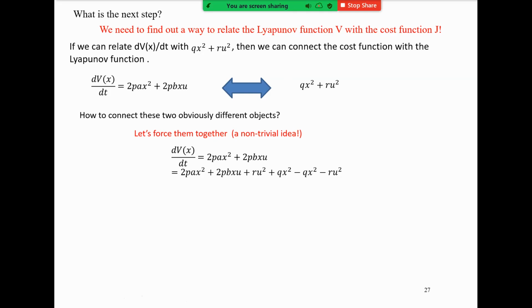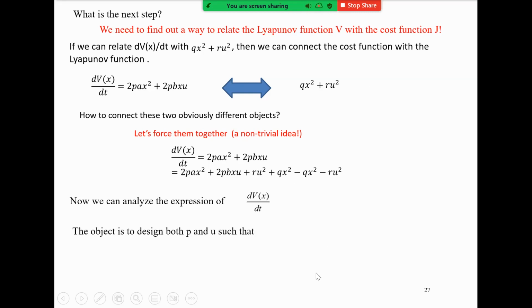But that is the way it will work out. Now we can analyze the expression of this change rate of this Lyapunov function. The purpose is that we try to design P and U such that this change rate will be non-positive.